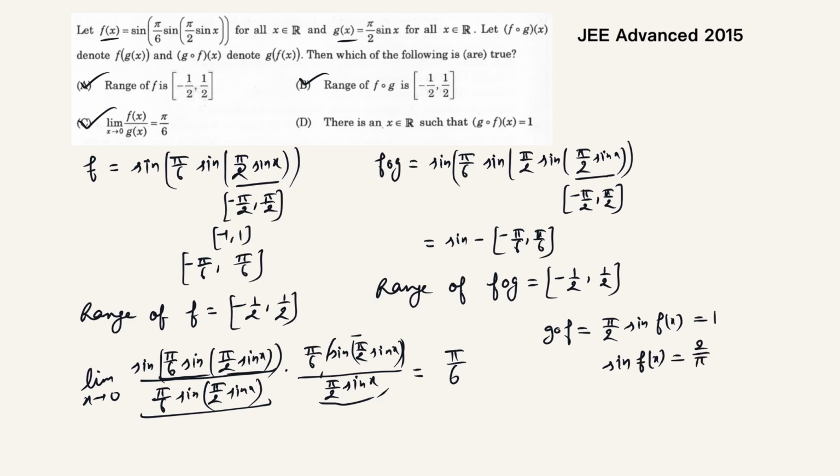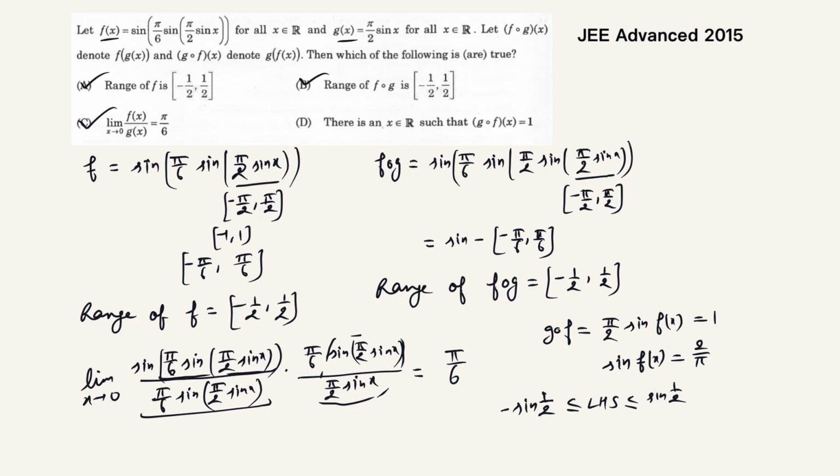And we already know the range of f, which is minus half to half. And therefore, the range of left hand side is less than or equal to sine of half and minus sine of half.